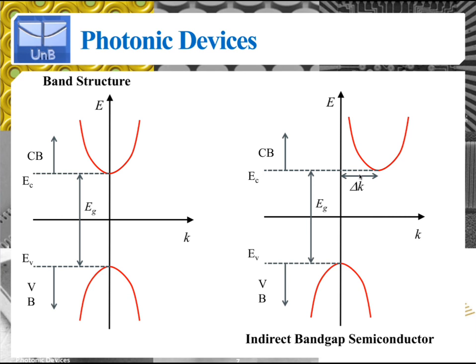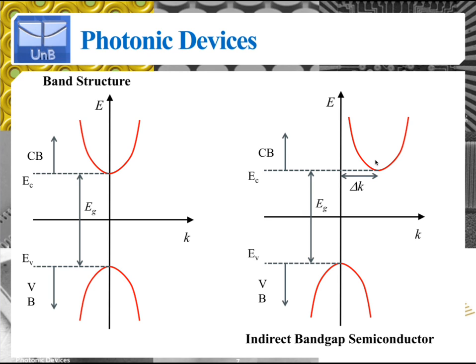And therefore, it's very difficult to make light sources or lasers with indirect band gap semiconductors, because you need a change in momentum for the downward transition to take place, besides the change in energy associated with the electron. And since this is very unlikely, these materials are in general not used to make light sources.